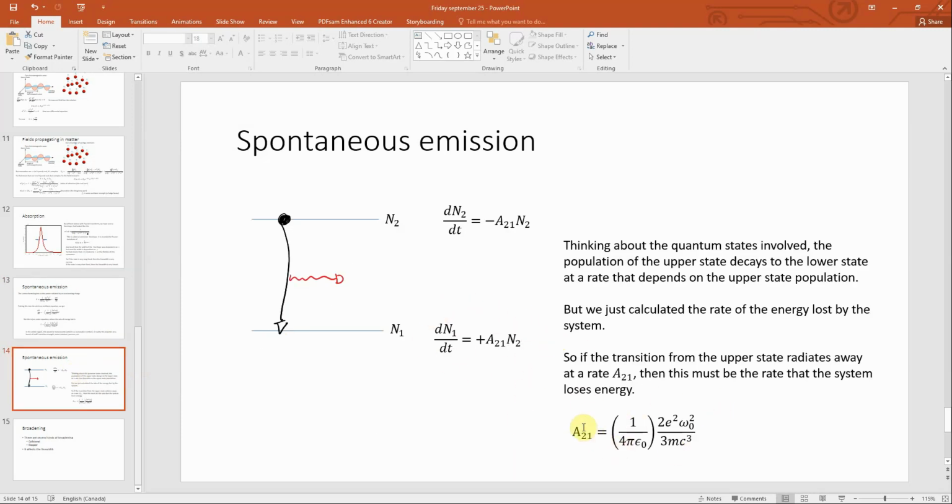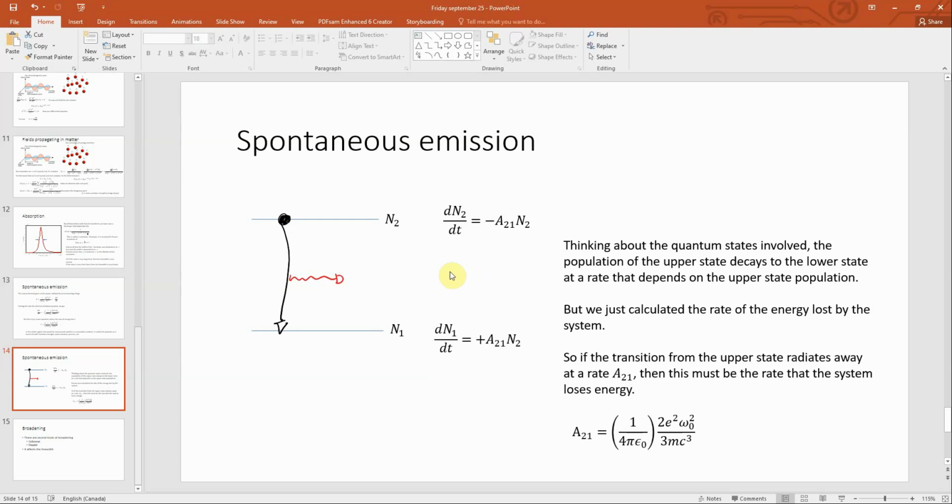We get that this A21 is going to be 1 over 4 pi epsilon naught, 2/3 e squared omega naught squared over 3 mc cubed. What that's telling us is that the rate that these states change is related to the rate that these photons are given off, or the rate that energy is lost from the system.